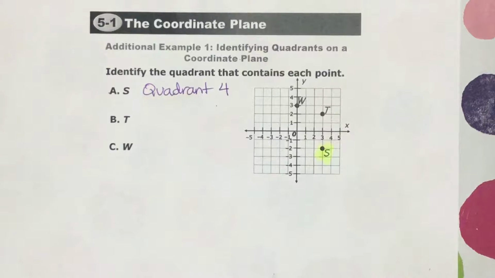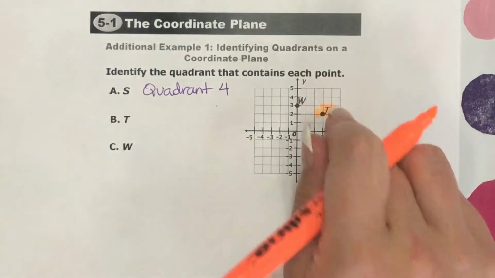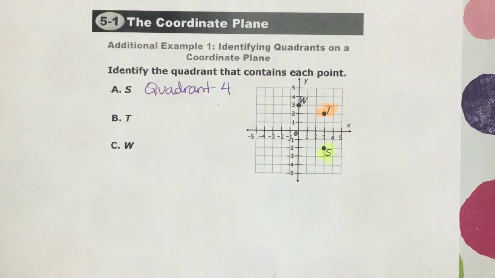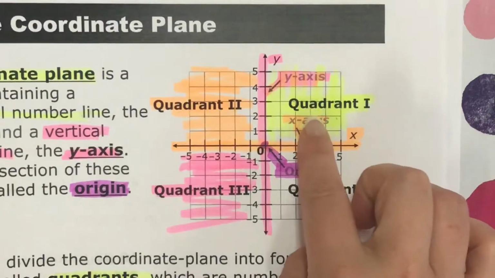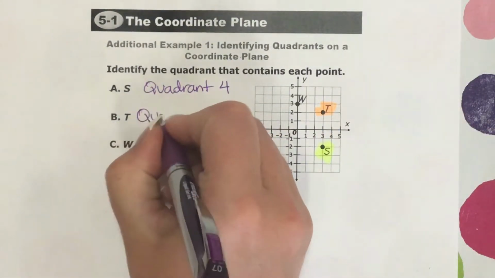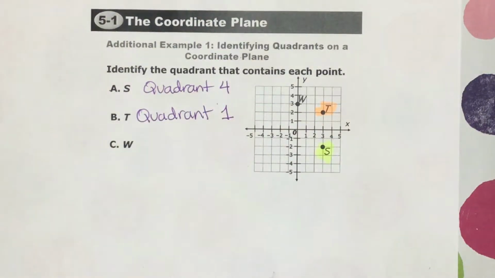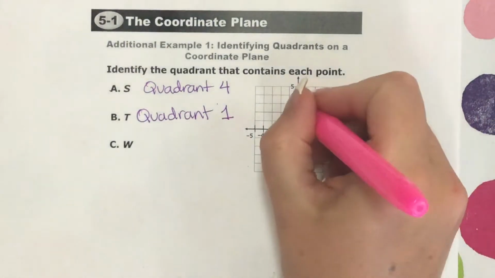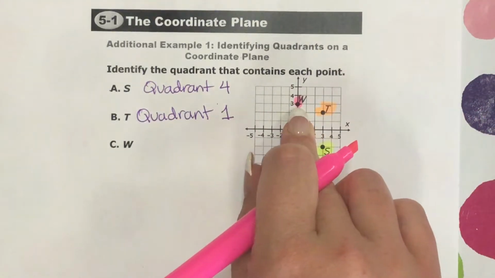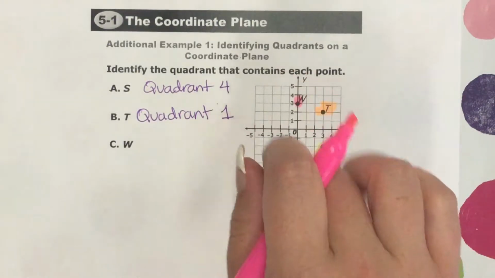Now let's take a look at T. T is right here in this quadrant, and that was the first quadrant. So this is in quadrant 1. Then we have W, which is this point right there. What quadrant is that in? This one is a little tricky because it's right here on the y-axis.